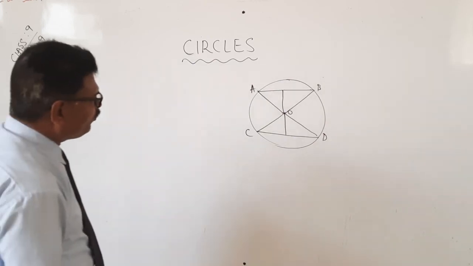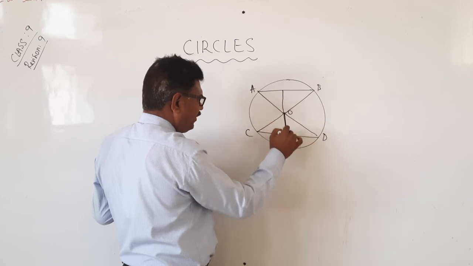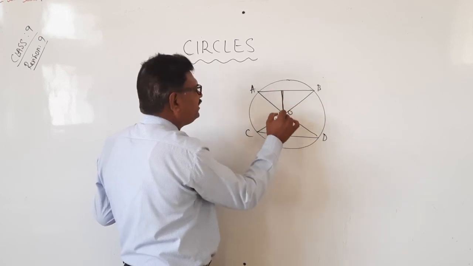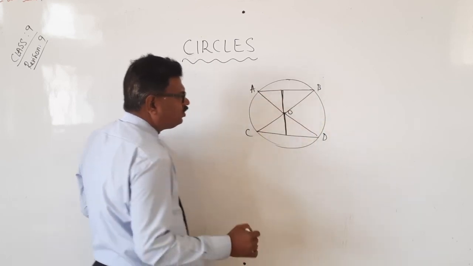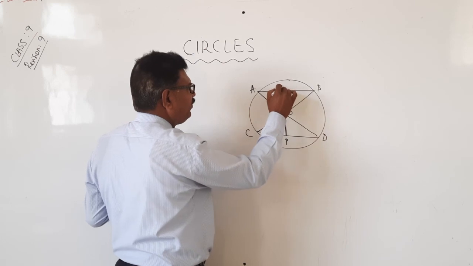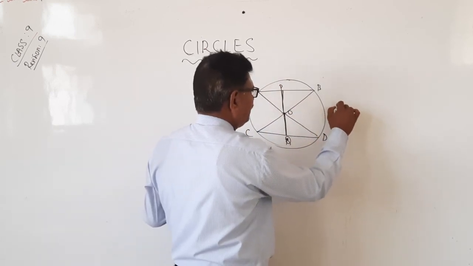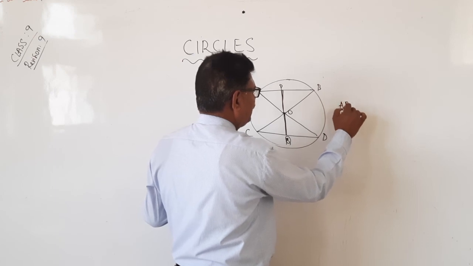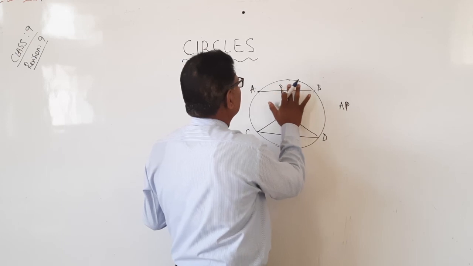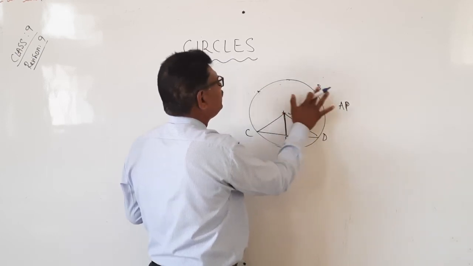Before that, we have to prove something about the perpendicular. If you take the perpendicular, then this will divide the chord into two equal parts, like P and Q. Take only one chord, then it can be very easily proved.